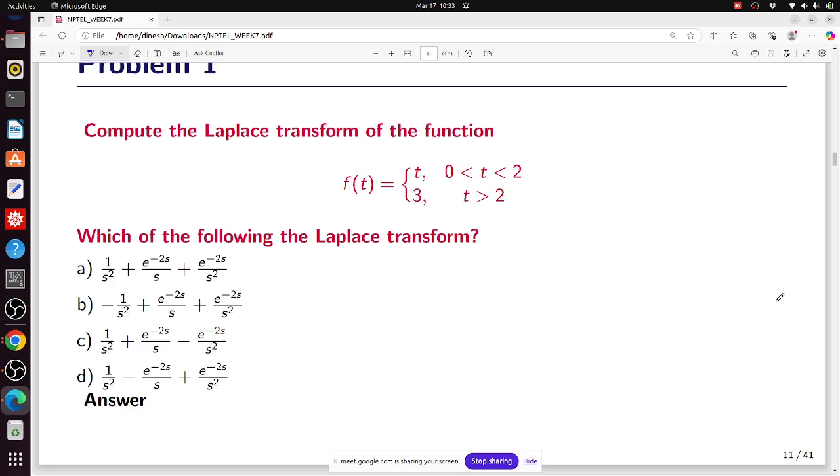We can do it in various ways, so let's see how we can solve this. We know the Laplace transform formula, that the Laplace transform of any function is given as the integration from 0 to infinity of f(t) e^(-st) dt.